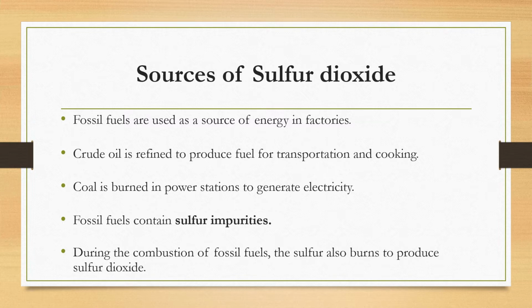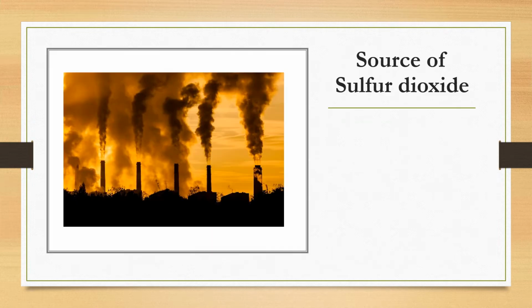Fossil fuels also contain sulfur impurities. During the burning of fossil fuels, the sulfur also burns to produce sulfur dioxide, which is an air pollutant. This picture illustrates a major source of sulfur dioxide.